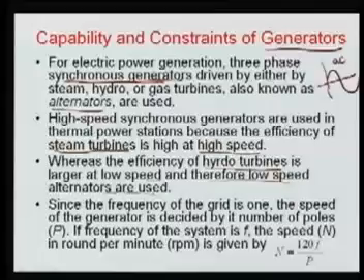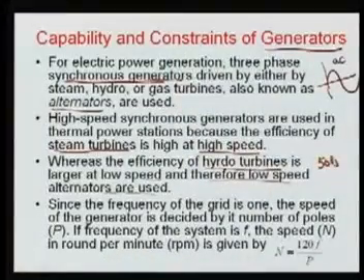Now how high? We have a 50 Hertz supply system, and the number of poles in any alternator cannot be an odd number. It should be an even number, means the number of poles will be 2, 4, 6, 8 and so on.